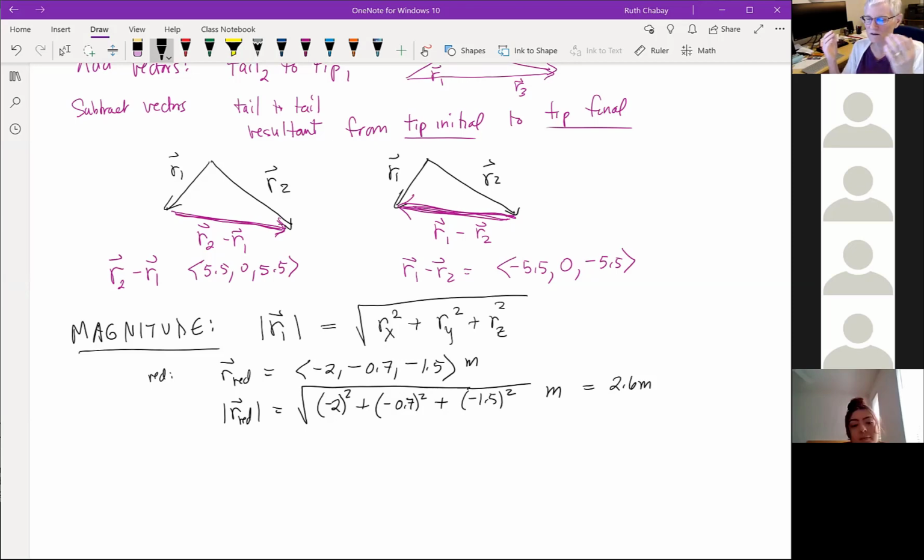When we're talking about position vectors and displacement vectors here, the magnitude of a vector is distance. Okay, so it's size. Vectors can represent other quantities, though. For example, velocity tells how fast you're going, but it also tells what direction you're going in.